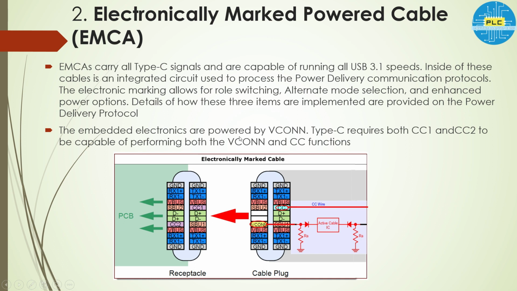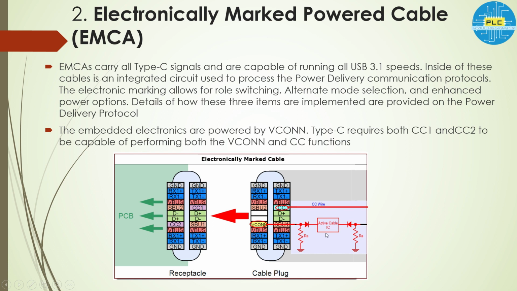The embedded electronics are powered by VCON. Type C requires both CC1 and CC2 to be capable of performing both the VCON and CC function. So the electronically marked cable has all signal communication lines, and internally it has a circuit.